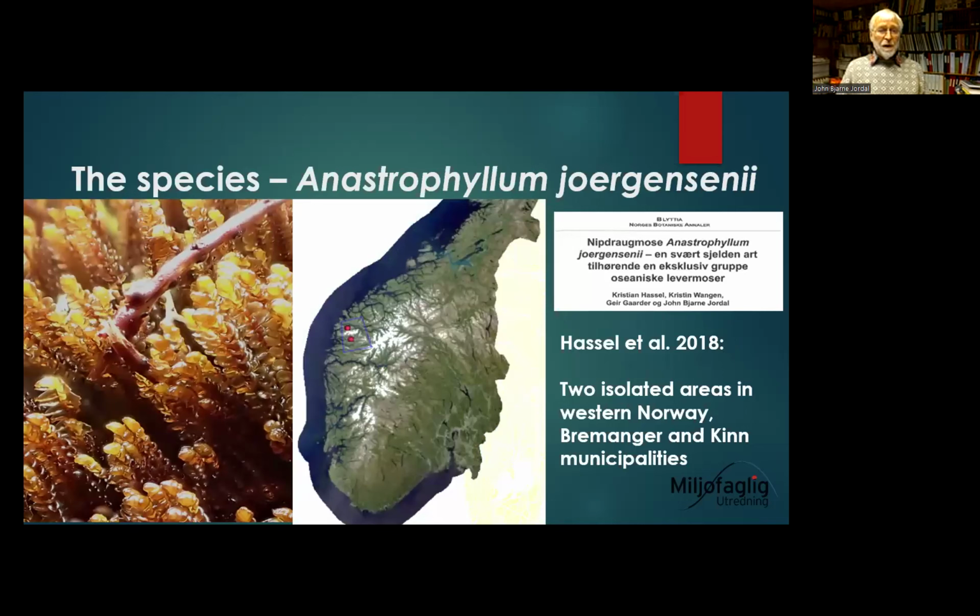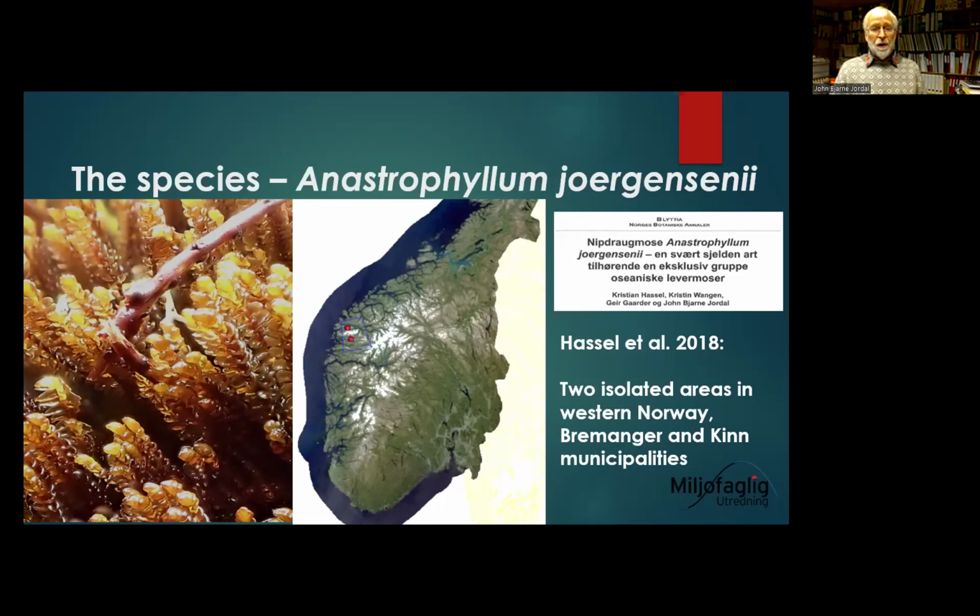And this one is a very rare one, Anastrophyllum jorgenseni, which occurs in two areas which are very humid in the northwest, in Bremanger and Kinn municipalities.